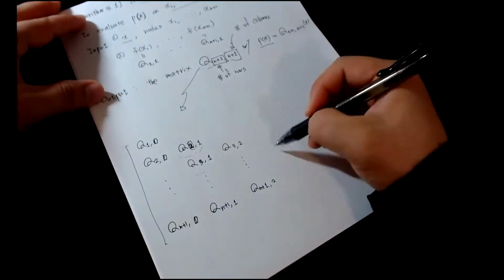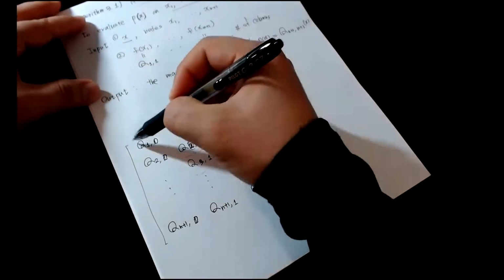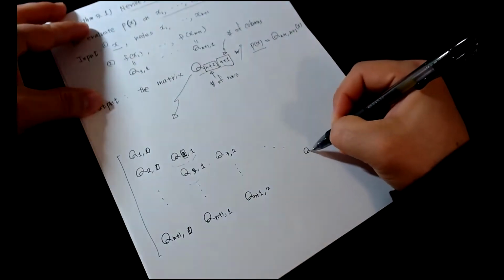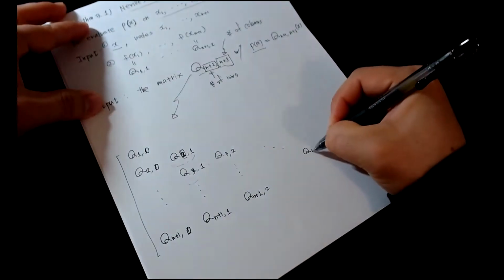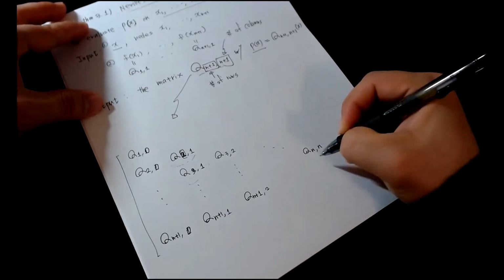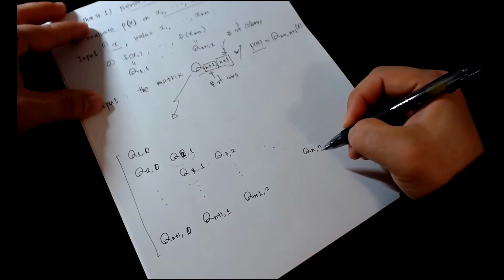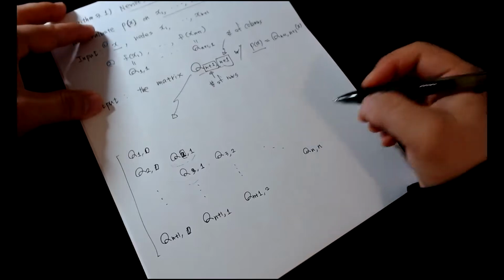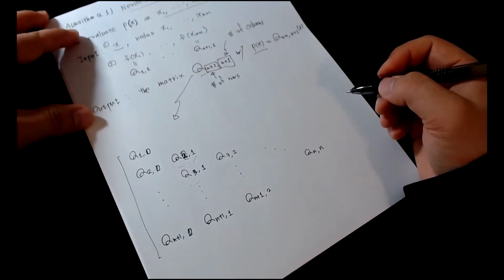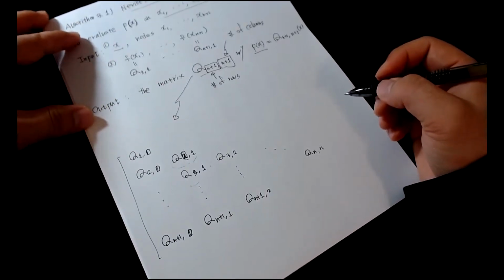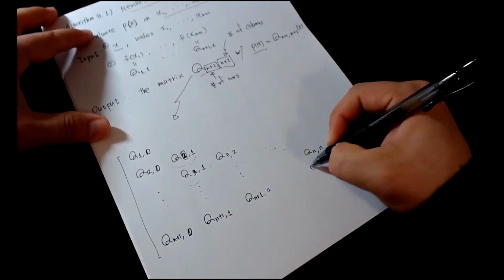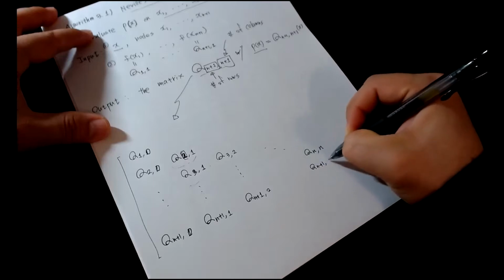Through the final, we're going to get Q n,n and Q n plus 1,n.